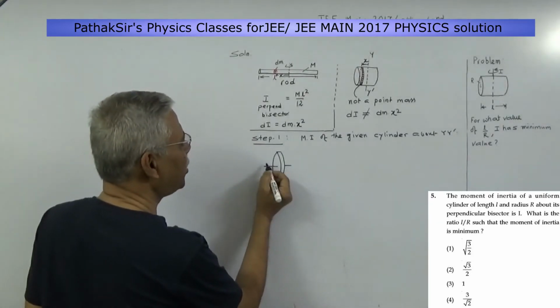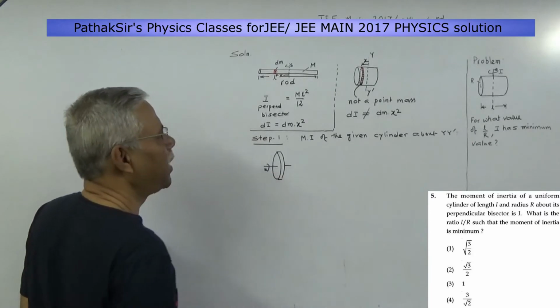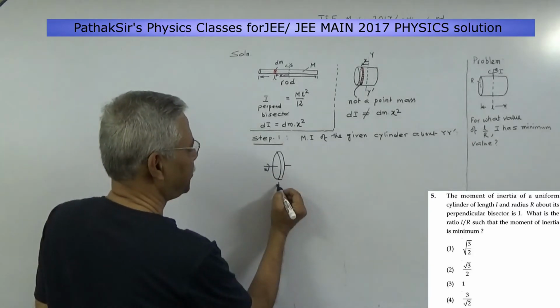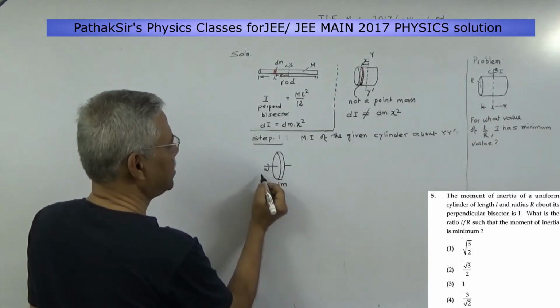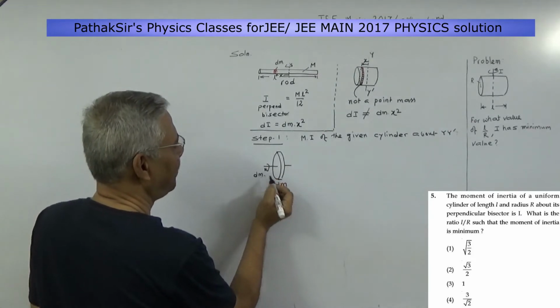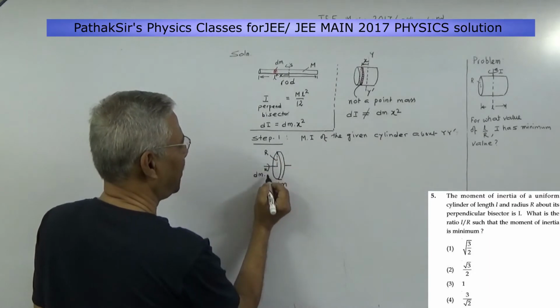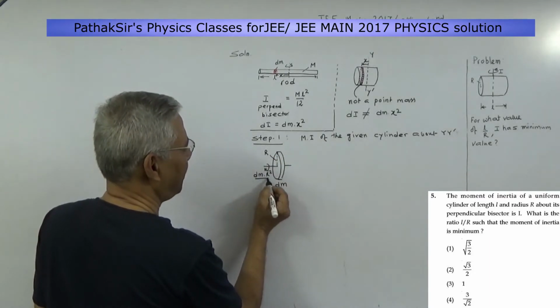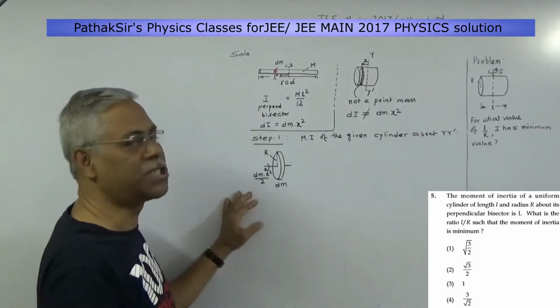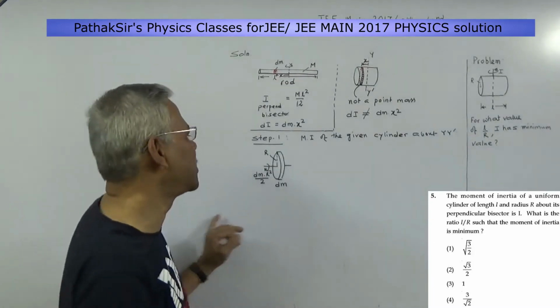The moment of inertia of this cylinder about this axis is dm into r square by 2. This is a standard formula and it is known to us.